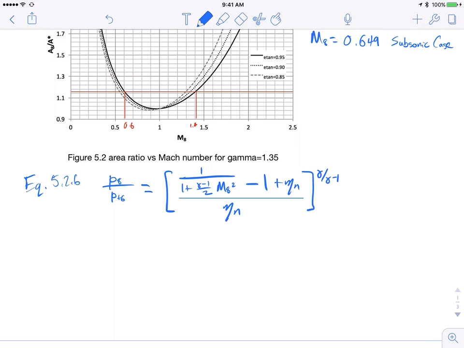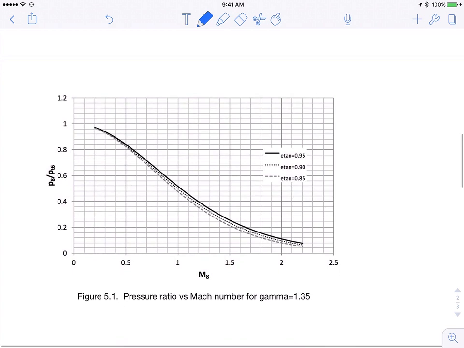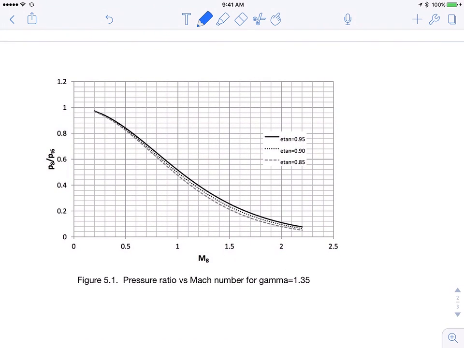Once again, we can simplify the solution process by looking at a graph of the results and pulling our values out.